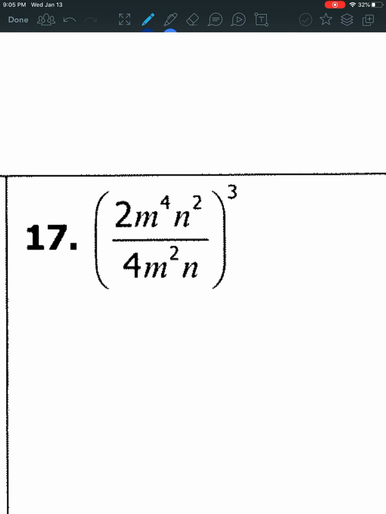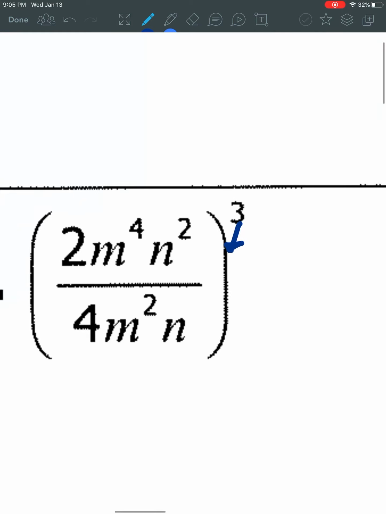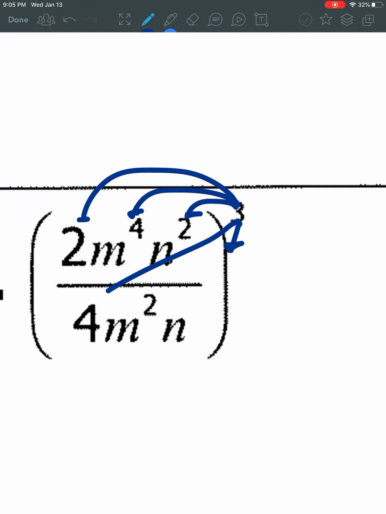And actually, here is one of those examples that I was talking about, where the entire division problem has this exponent 3 outside. So it's all in parentheses. So that means everything inside this parentheses is going to have that power of 3. So it goes to the 2, the m to the 4th, the n squared, and then also everything in the numerator.